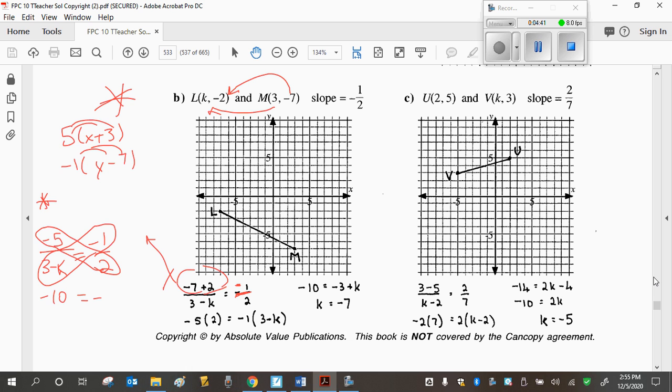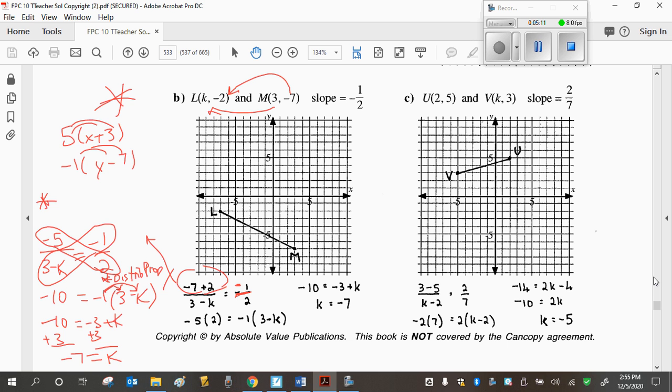So we write down -1 times 3 subtract K. Write down this is distributive property, because the most common mistake is students multiply the 3 by -1 and they don't multiply the K by -1. To get that part now, you get negative 3 plus k, and then you add 3 to both sides to get k by itself. You get negative 7 equals k.